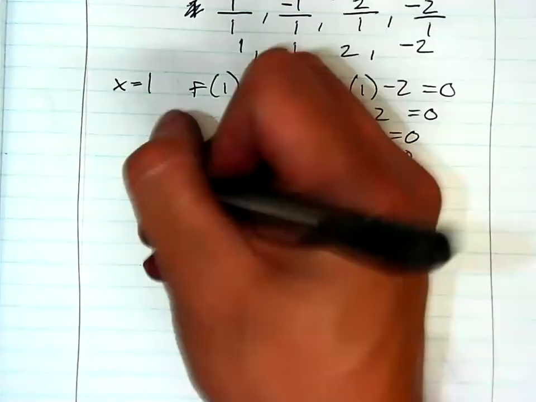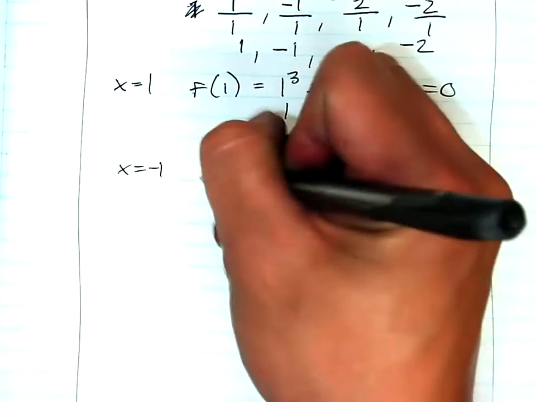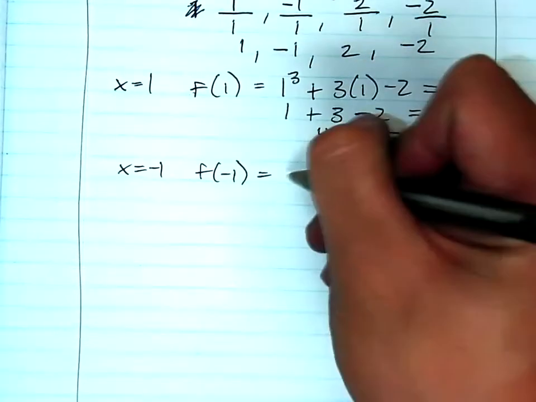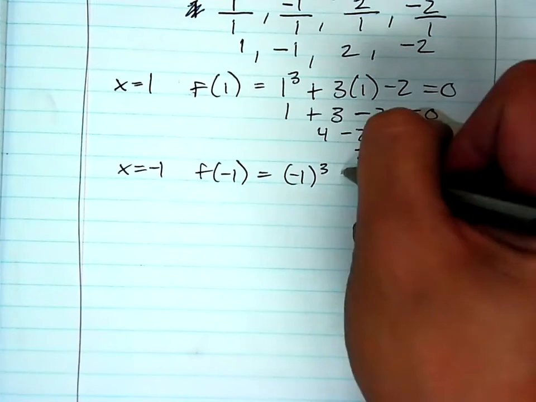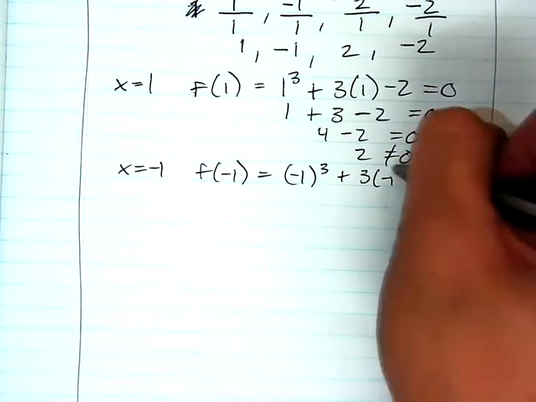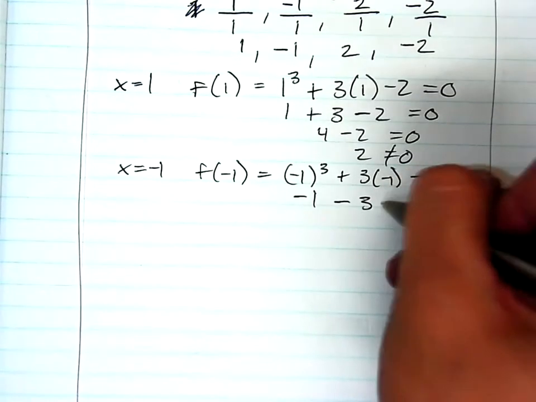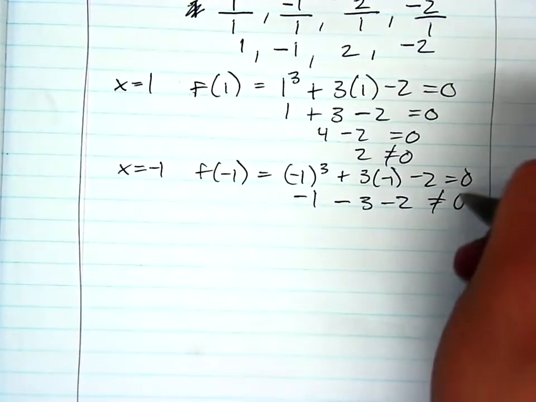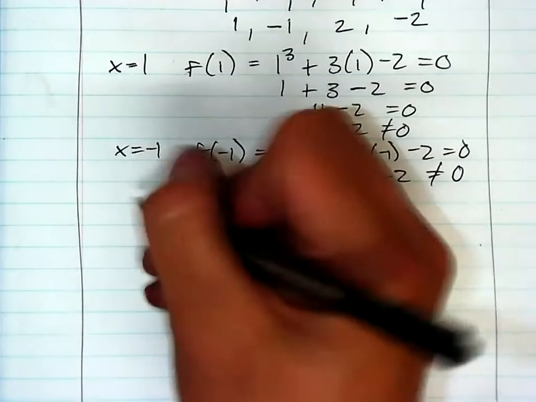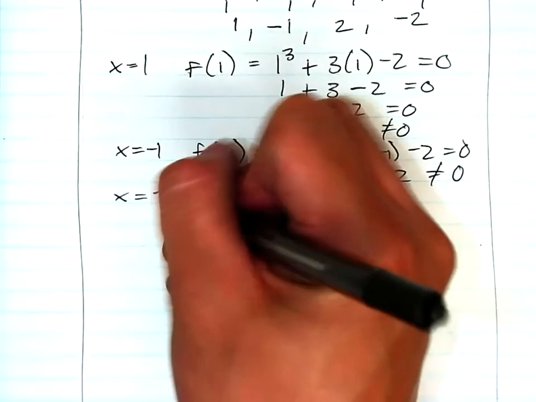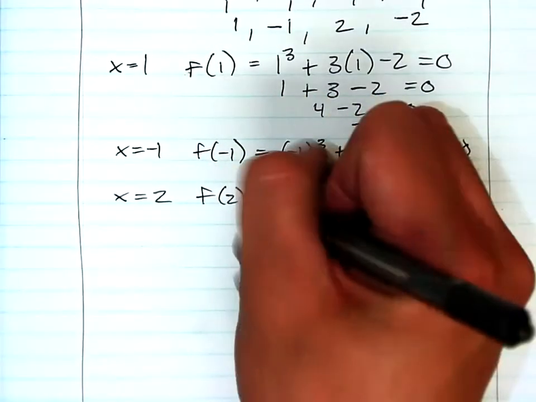Now I'm going to use my next couple. X equals -1. So f of -1, -1 cubed plus 3 times -1 minus 2. That's -1 minus 3 minus 2. That is definitely not equal to 0. That's going to be a really negative number. Then we test x equals 2.